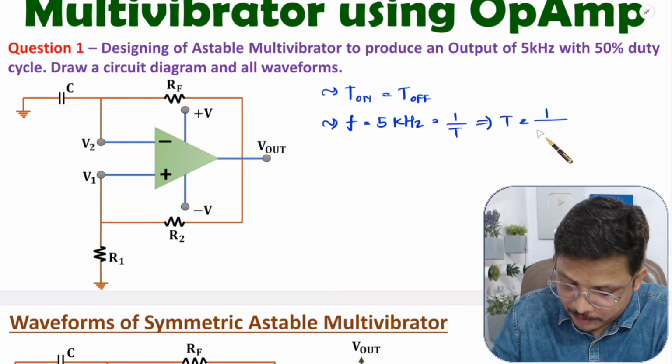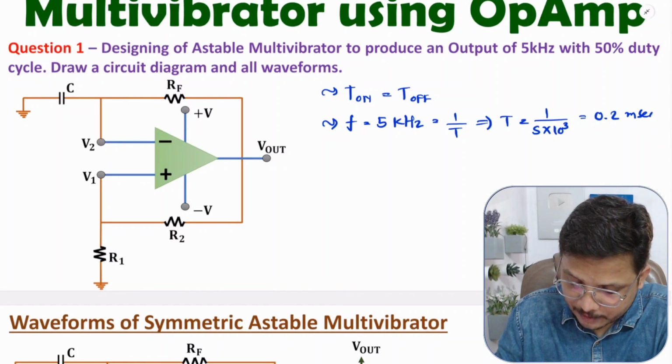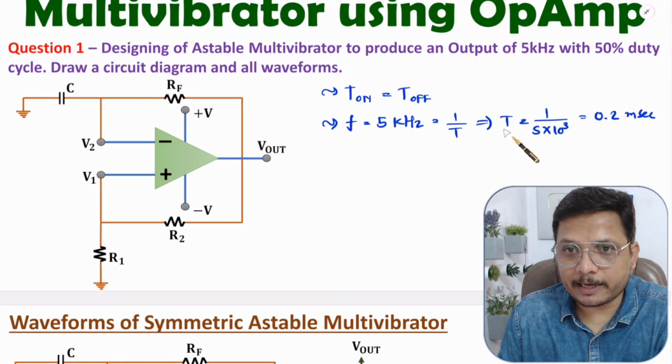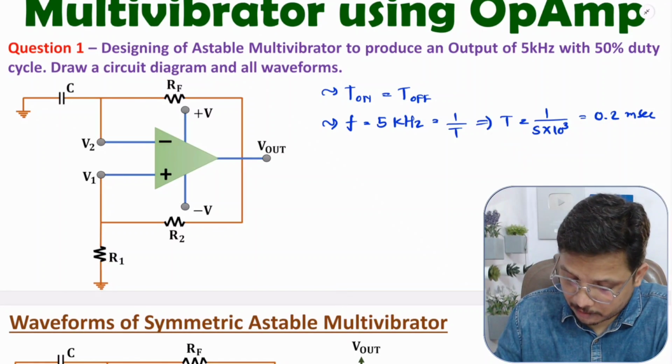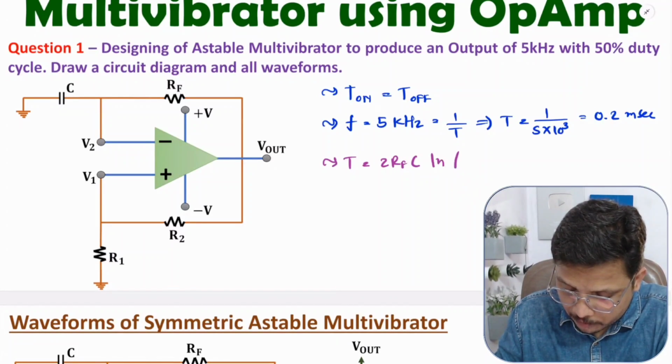So 1 by 5 into 10 to the power 3, that will be resulting into 0.2 millisecond. And see, value of T that I have explained in derivation. What is that basic equation? Value of T is 2RF into C ln of (2R1 plus R2) divided by R2.